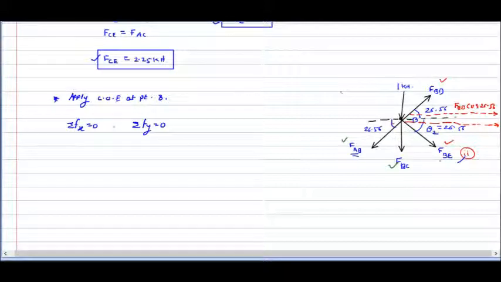So in the equation, I will use force in member BD cos of 26.56, as well as force in member BE and its x component, force in member BE cos of 26.56.